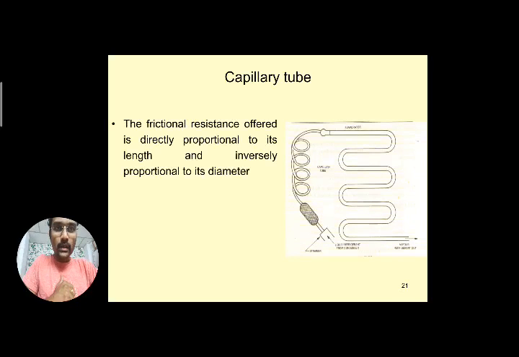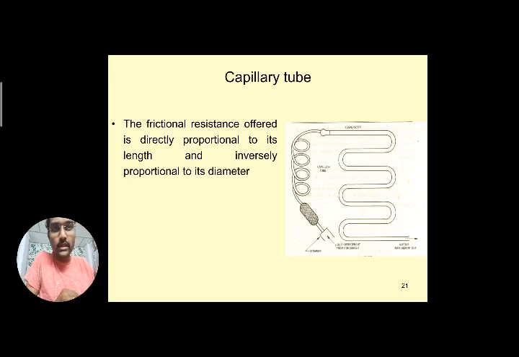Okay, next, it is also an important point for your knowledge. The frictional resistance offered is directly proportional to its length. So the more length you use, the more pressure drop is obtained there. So the more pressure drop is required, the more length of pipe.